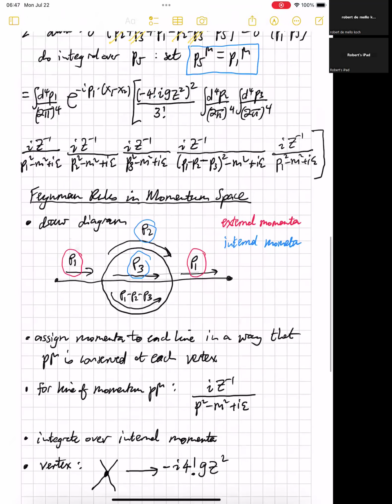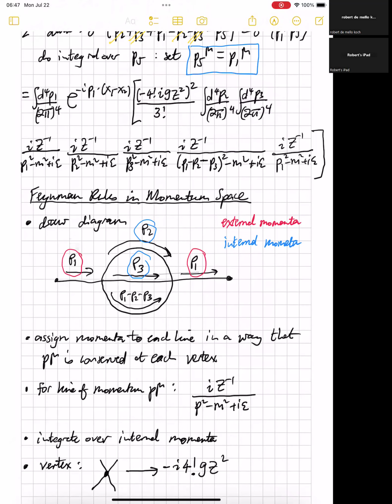Now, that expression in the square bracket has a very specific form. You've got some integrals over momenta, and you've got i Z inverse over p squared minus m squared plus iε type factors. To actually evaluate the Feynman diagram, you'd need to do that integral.